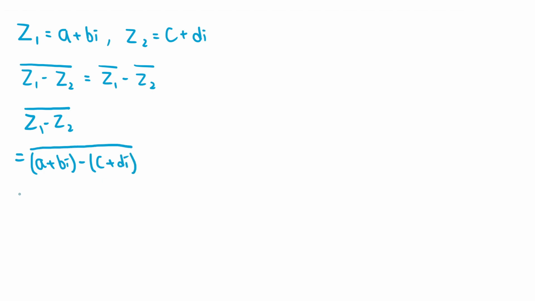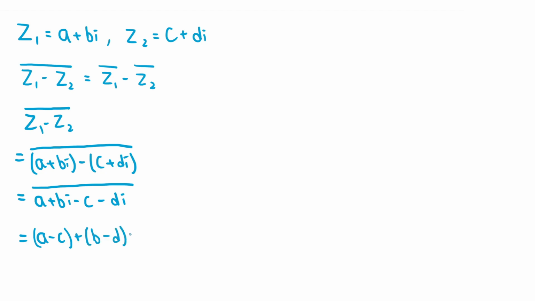If we apply the distributive property, this is just equal to a plus bi minus c minus di conjugate. We can rewrite this as a minus c plus b minus d times i if we combine the real and imaginary parts, and then all of this is under the conjugate.